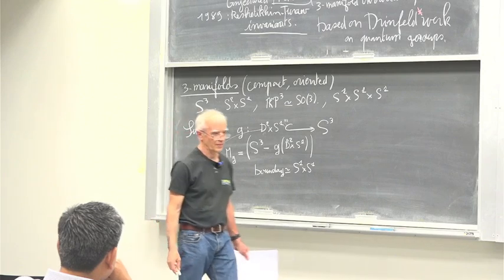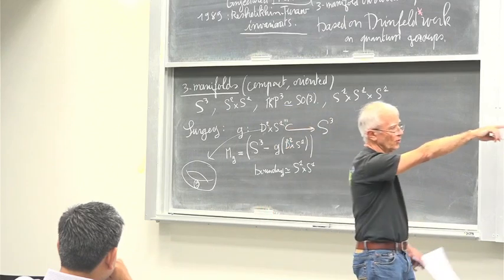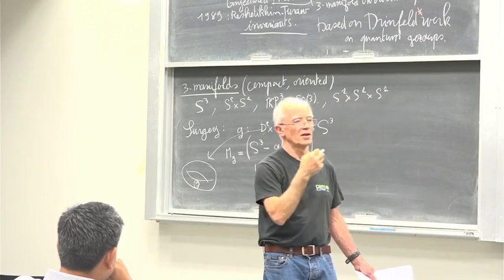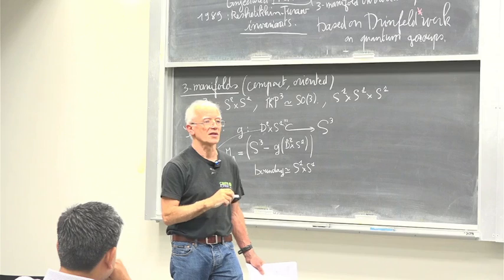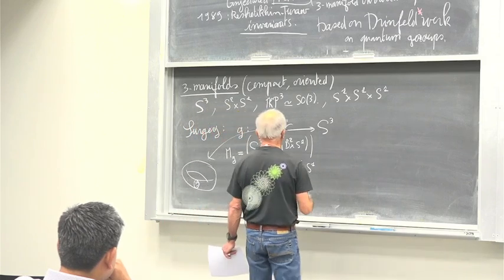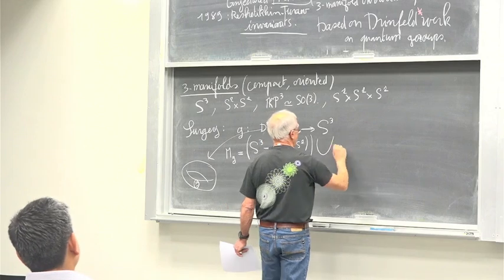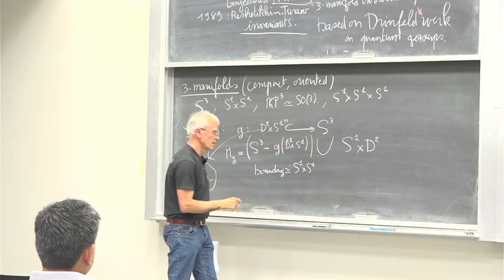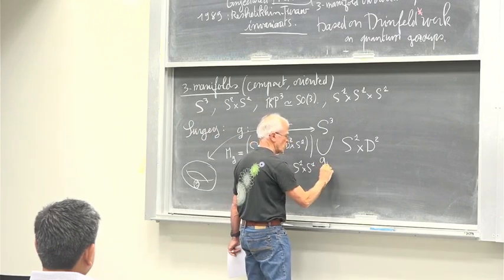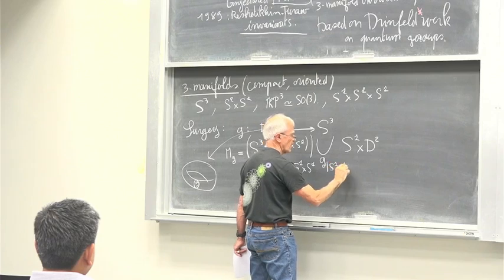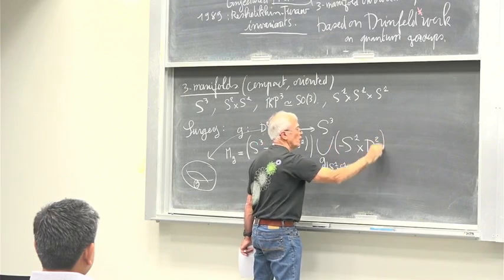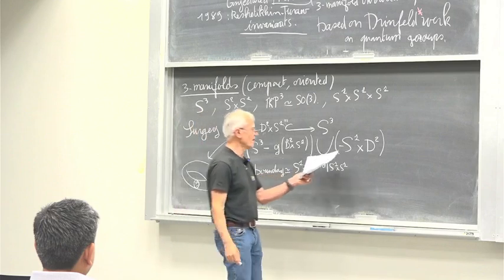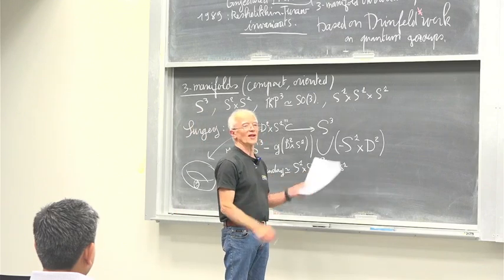So here when you do links, you think infinitely thin links, and here I will say thick links or thick knot. And what I can do is union S1 times D2, and I glue over G restricted to S1 times S1. And if I want to be careful with orientation, I put a minus here, meaning that I take S1 times D2 with the opposite of the product orientation.